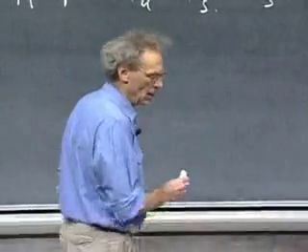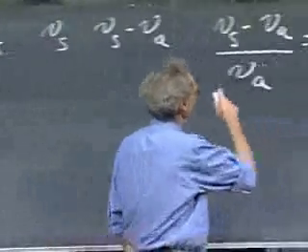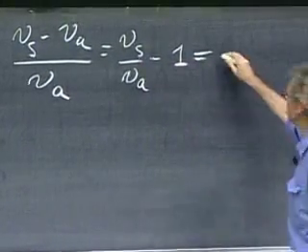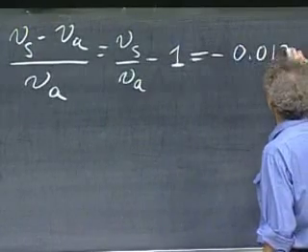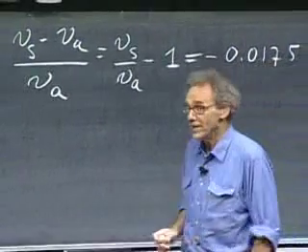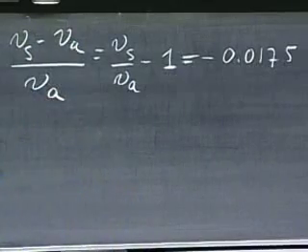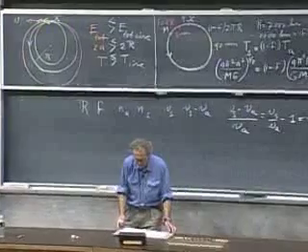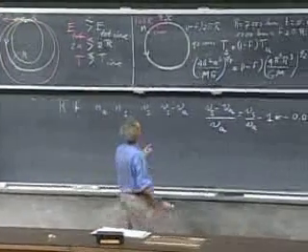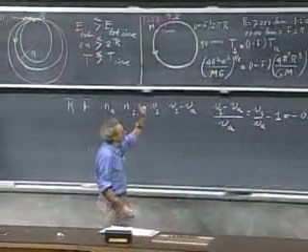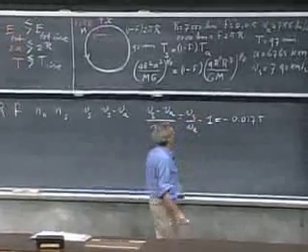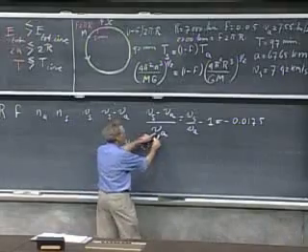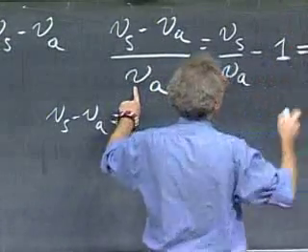And I'll give you an example. Suppose you find for this dimensionless number minus 0.0175, which is the solution for N_A is 1 and N_S is 1. So you'll see that. The computer will generate that number for us. If now we take our orbit for 7,000 kilometers, we know what Va is, and so we can calculate now that Vs minus Va is Va times that number, but we know what Va is, 7.5.